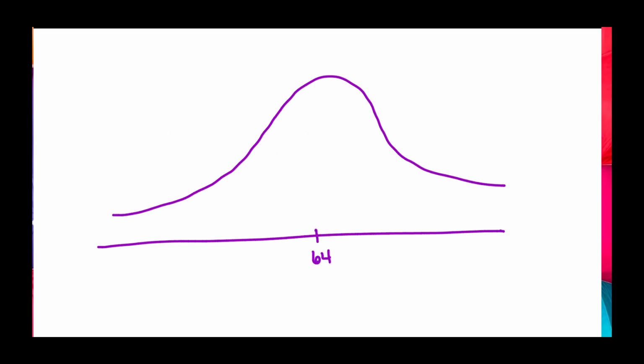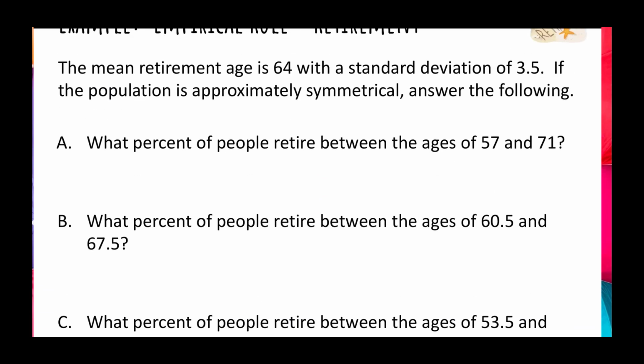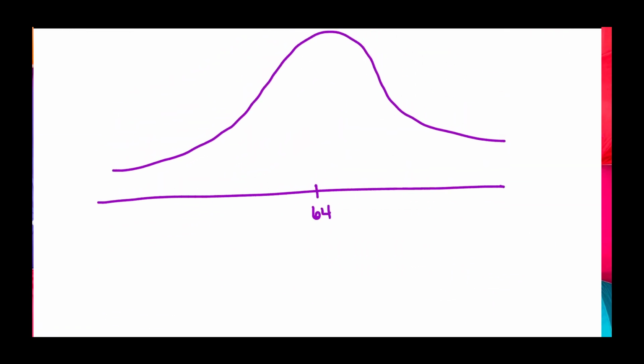Okay, so here we go. We have the mean in the middle, which is 64, and the standard deviation is 3.5. So I'm going to add 3.5 3 times, and I'm going to subtract 3.5 3 times.